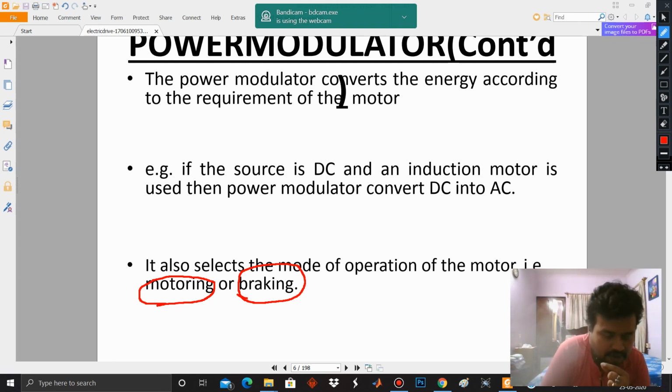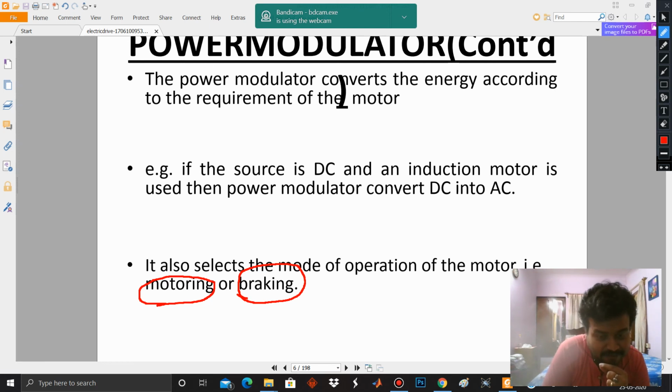This braking is a very common term which is used during driving of a car. Suppose you are driving and there is a traffic signal and the signal goes from green to red. What you need to do as a driver is push your brakes, and the car will slow down.